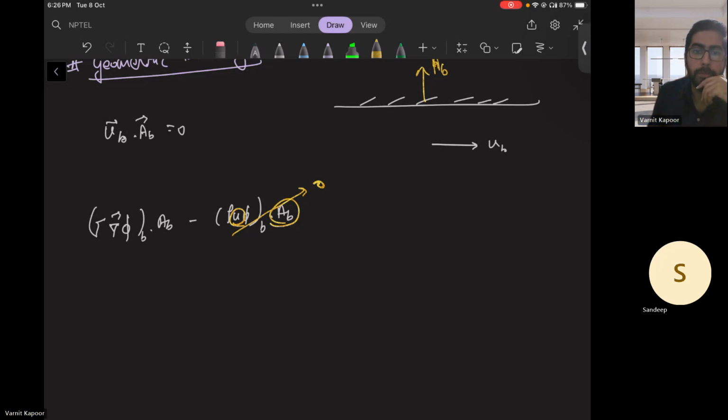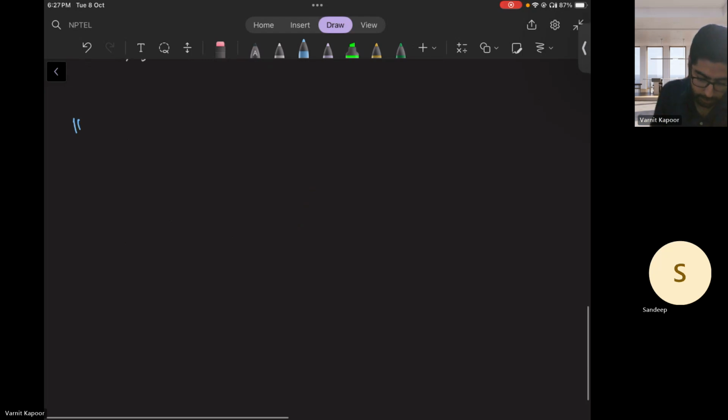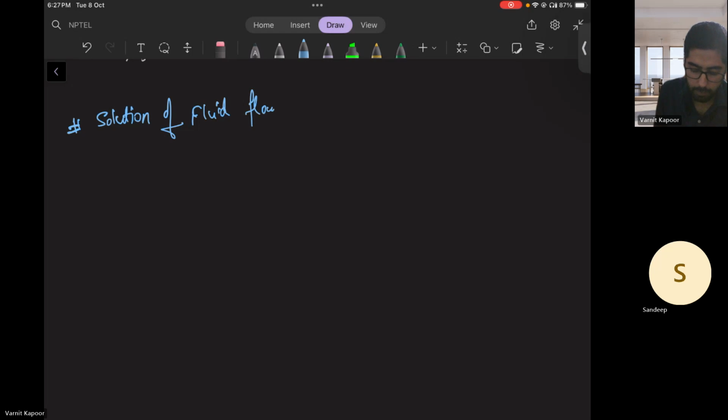So coming to the solution of fluid flow equations, let me write that. Solution of fluid flow equation.